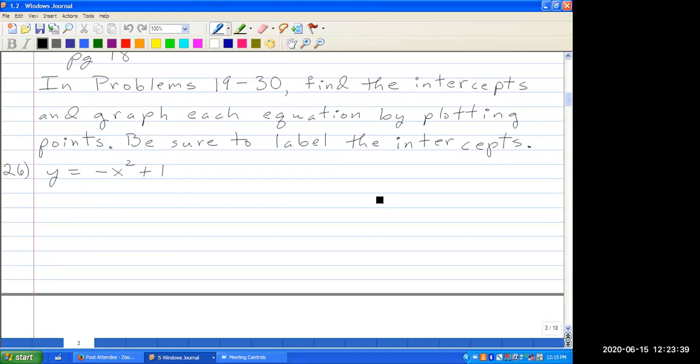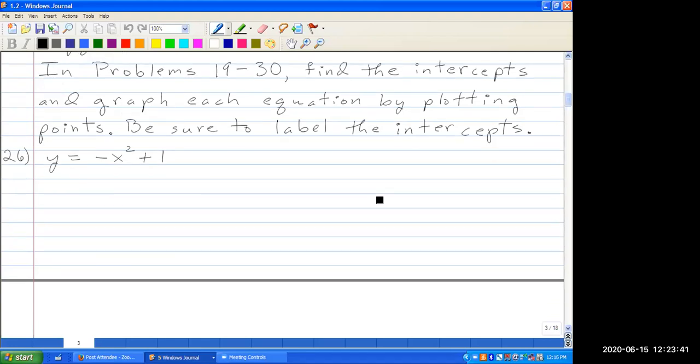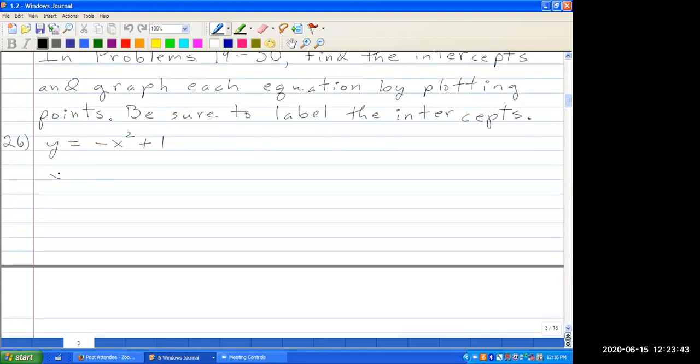So I want to find the intercepts. Let's first find the x-intercepts. Recall, to find the x-intercepts, you set y to 0 and you solve for x.